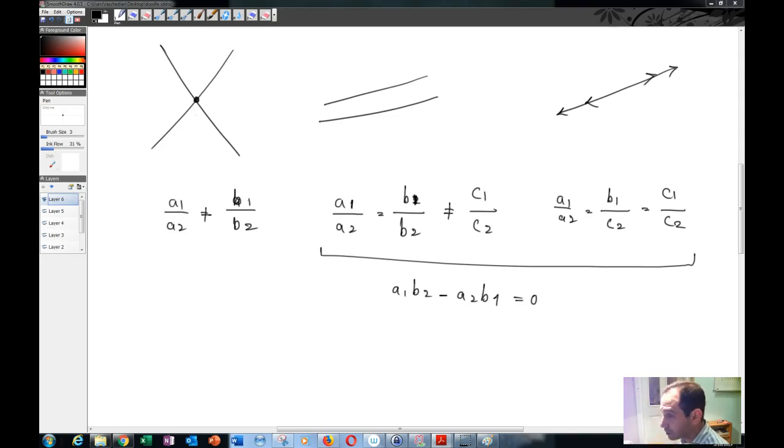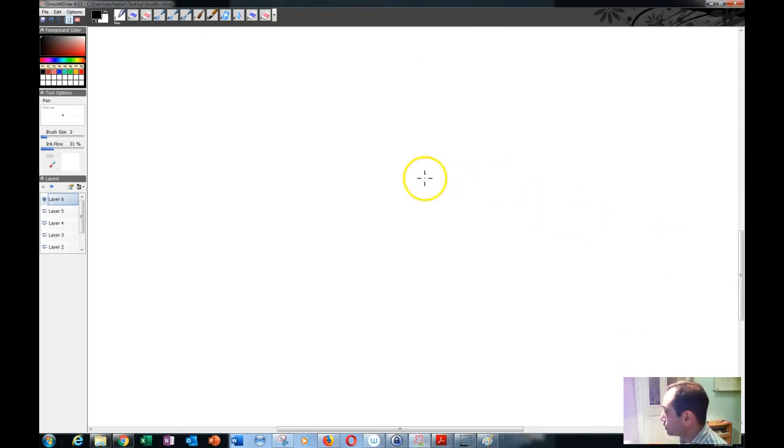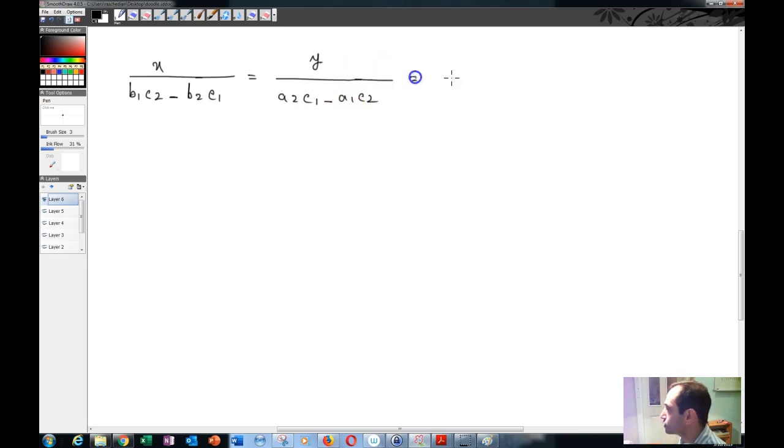And just to summarize it, you can remember this thing and then use the formula. So x over b1c2 minus b2c1, and of course you don't have to memorize this, I already showed you how to remember it. So a2c1 minus a1c2, and that's equal to 1 over a1b2 minus a2b1.